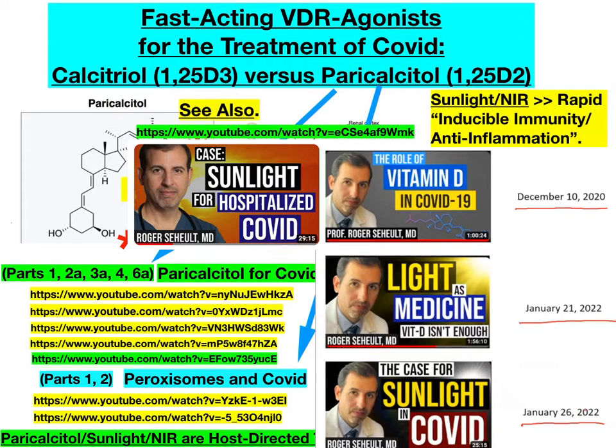In addition to boosting the production of vitamin D3 in the skin, that is through UVA and UVB ultraviolet radiation, the near-infrared radiation components of sunlight provide important benefits for mitochondria, especially mitochondria which have been impacted by toxins, viral toxins, as well as metabolic toxins, as well as certain therapeutic drugs.